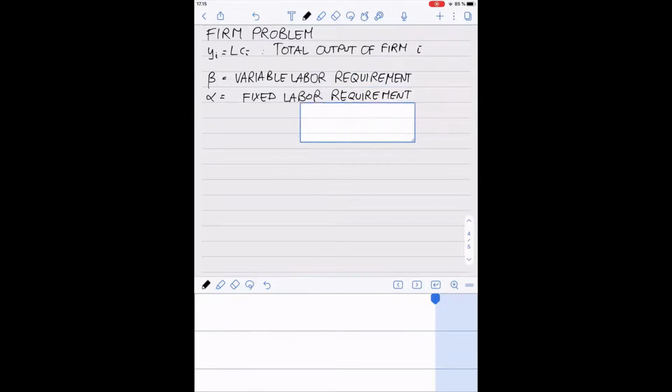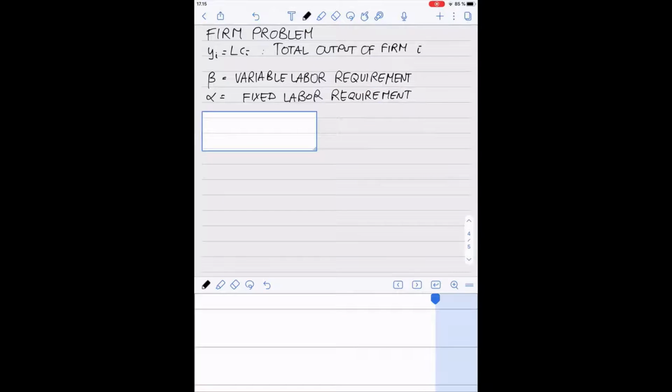Okay, so the objective of the firm, as always, is to maximize profits. What are the profits equal to? Well, the profits of firm i are going to be equal to the total revenues, so the total output of firm i, yi, times the price, pi, minus the variable costs, right?